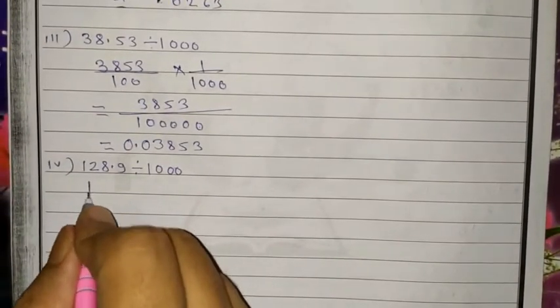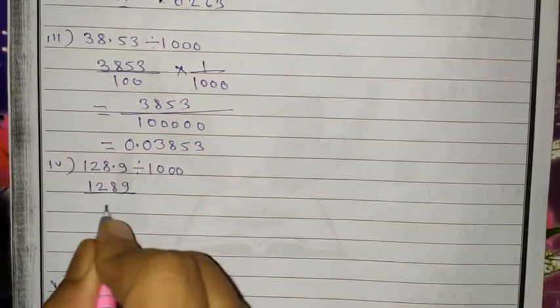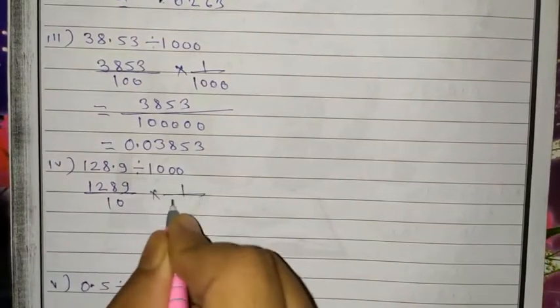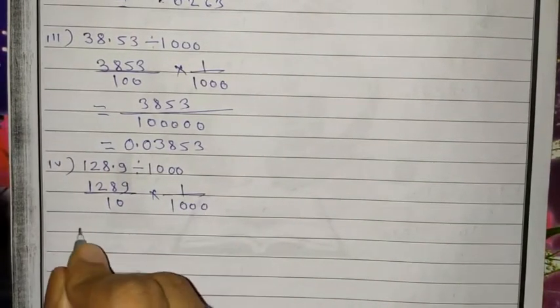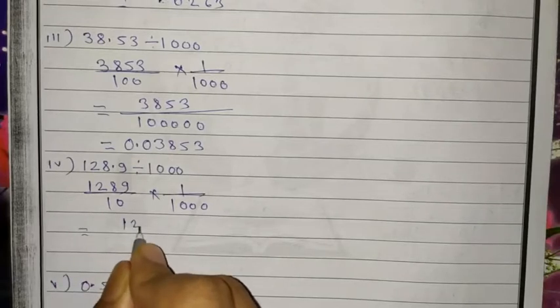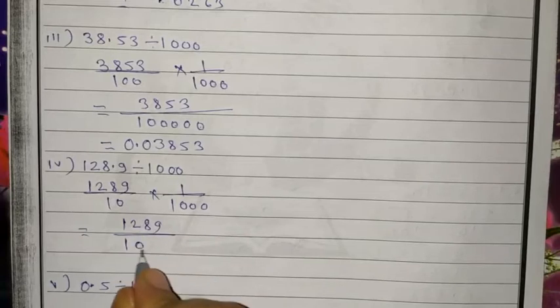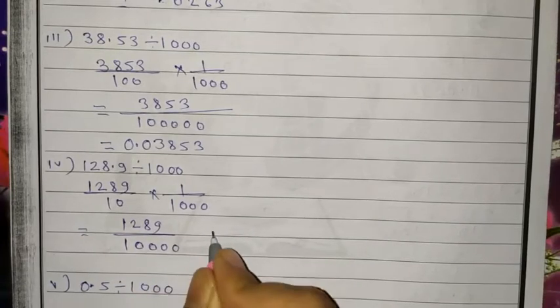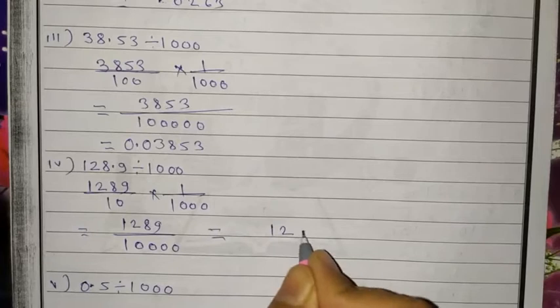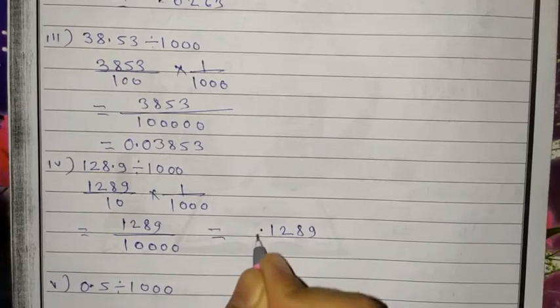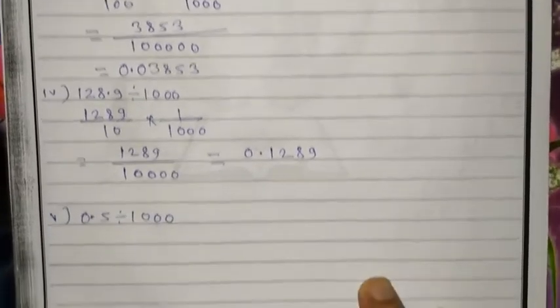Next question, write the number without the decimal point upon 10 into 1 upon 1000. So it means the number as it is, after 1 total 4 zeros. So it means we already have 4 digits, so we don't have any confusion. This is our answer.